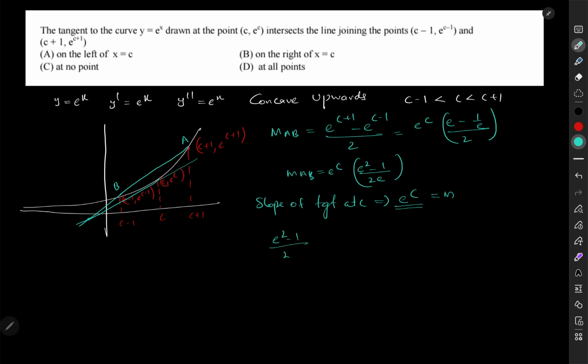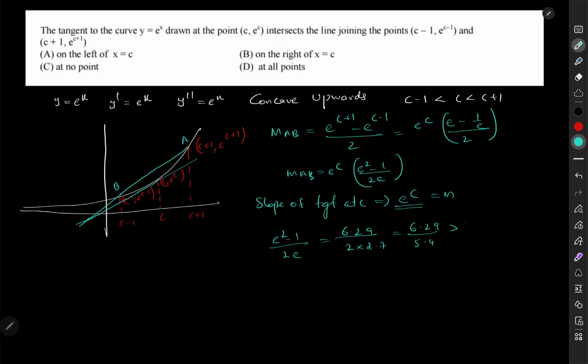So e square minus 1 by 2e: e square will be 2.7 square, which is approximately 7.29. So 7.29 minus 1, which is 6.29, divided by 2 into 2.7. Will it be greater than 1 or less than 1?